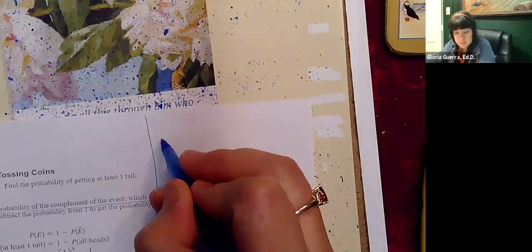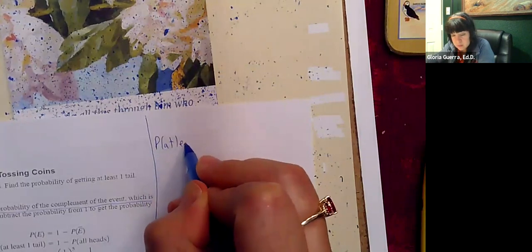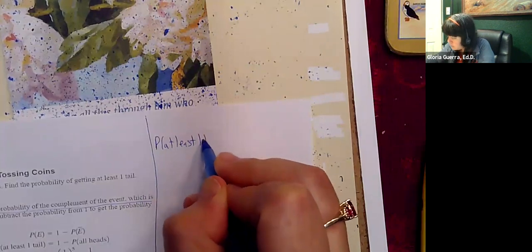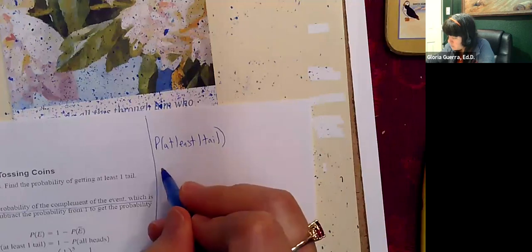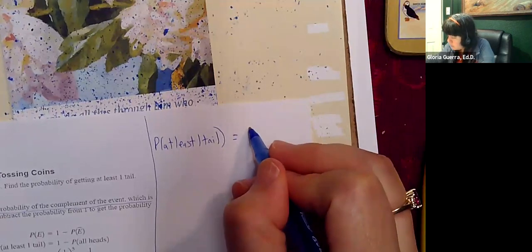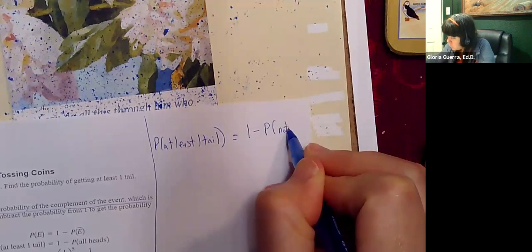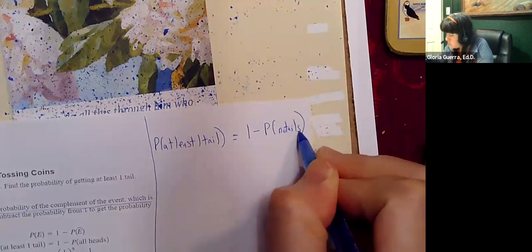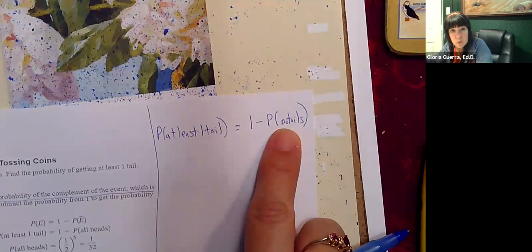So I'm gonna say probability of at least one tail equals 1 minus the probability of no tails.